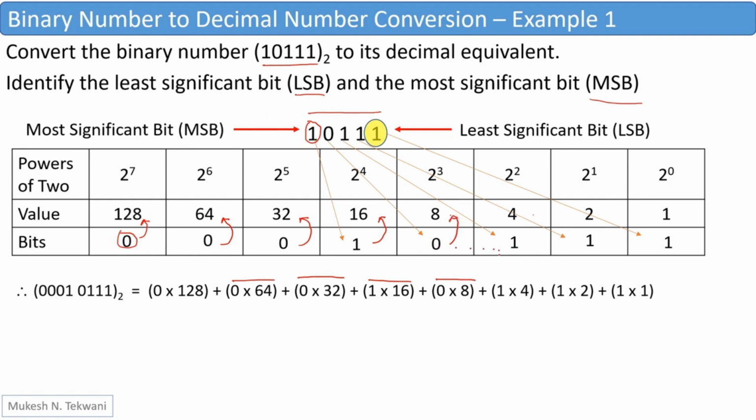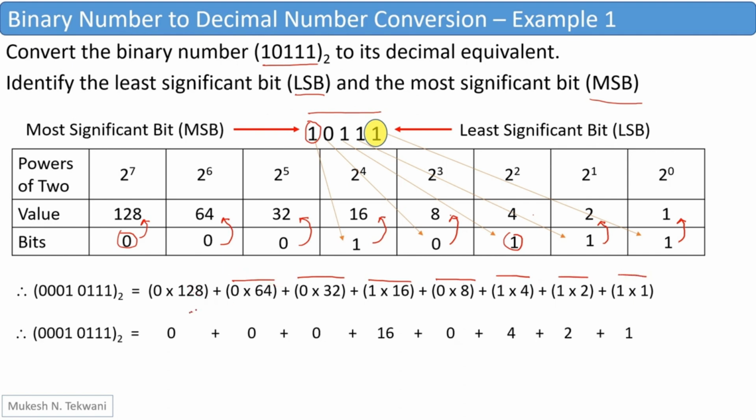So at each position what we are doing is we are multiplying the bit with the appropriate power of 2 or the value. So 1 into 4, then we have the next bit, 1 into 2. And the last bit is 1, we multiply it by its weight 1, so that is 1 into 1. And therefore this becomes 0 into 128, that is 0, plus 0 into 64, 0.